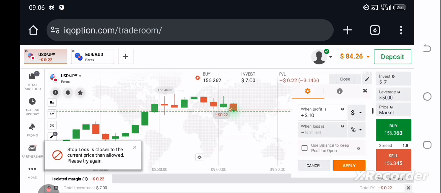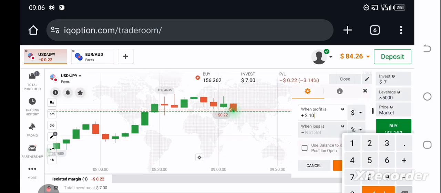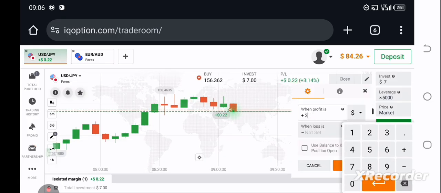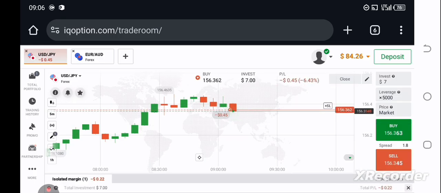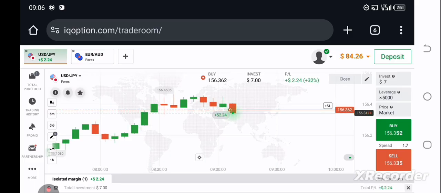So let me edit it again. When profit is at plus 100%, so if I make 100% of this investment, the trade is going to close automatically.